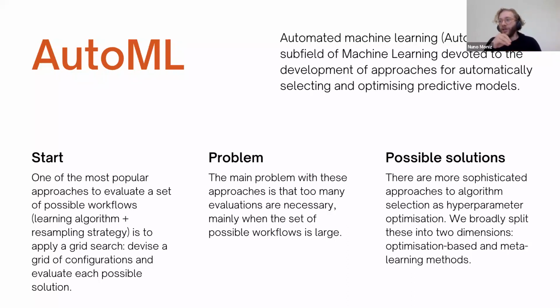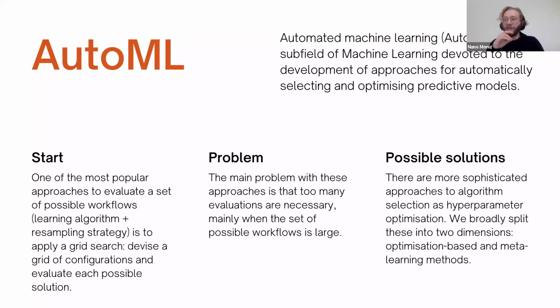The solutions that AutoML provides here usually can be categorized in two areas. So hyperparameter optimization, or optimization based, which is usually SMBO, the sequential model-based optimization, which is basically an iterative process of trying to get to the best solution.